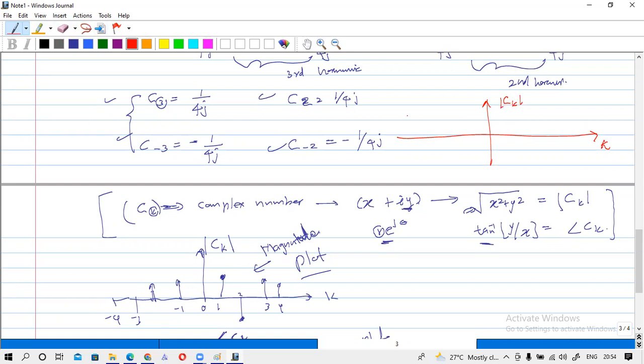Here I have k values 2, -2, and 3, -3. So I only have these coefficients, c-2, c+2, c-3, c+3. These are the components I have.